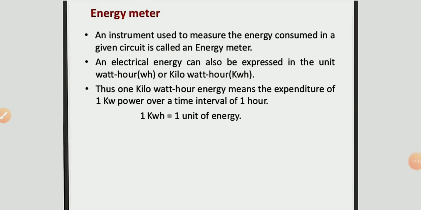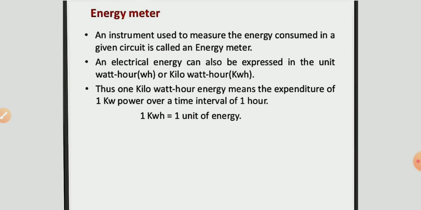Energy meters are used for the measurement of energy. We know energy is measured by measuring power over a period of time. It means how much power we consumed over a period of time is called the energy.